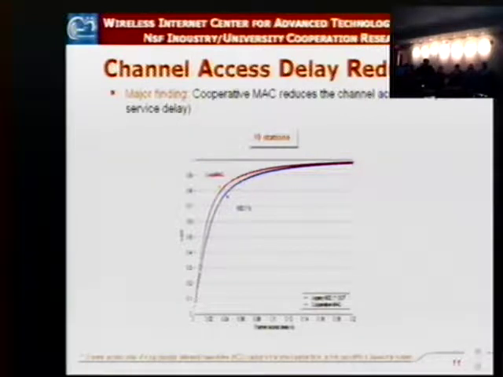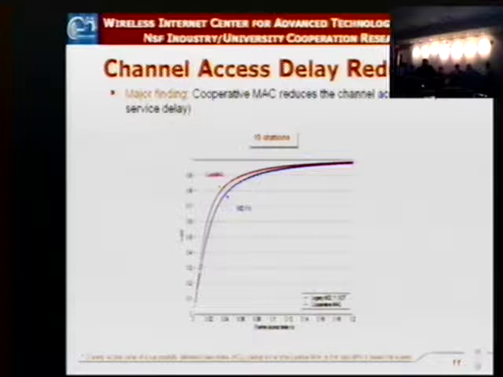So even for the channel access delay, CoopMAC does better. So from the simulations, we can see that there are benefits even in the throughput and in the delay of the network.